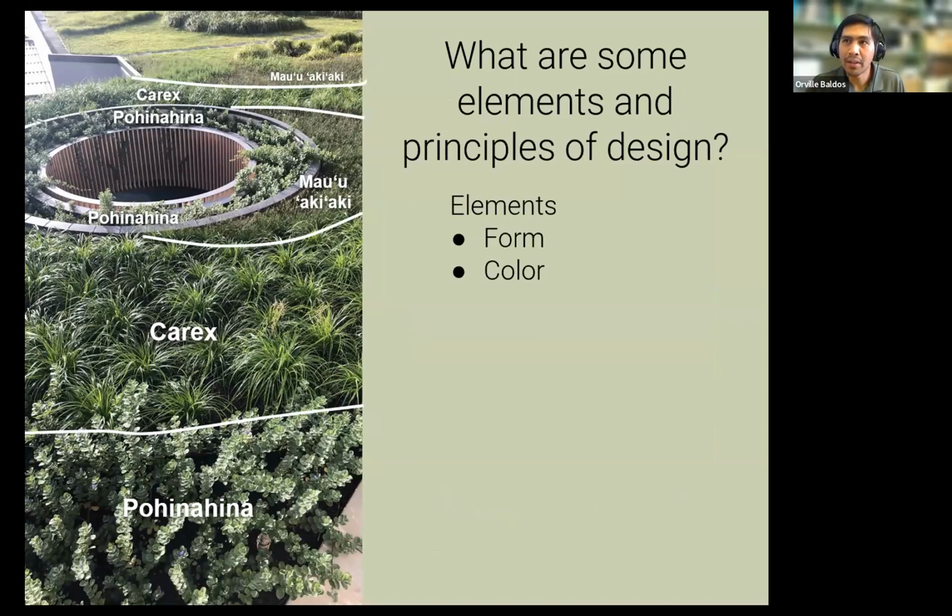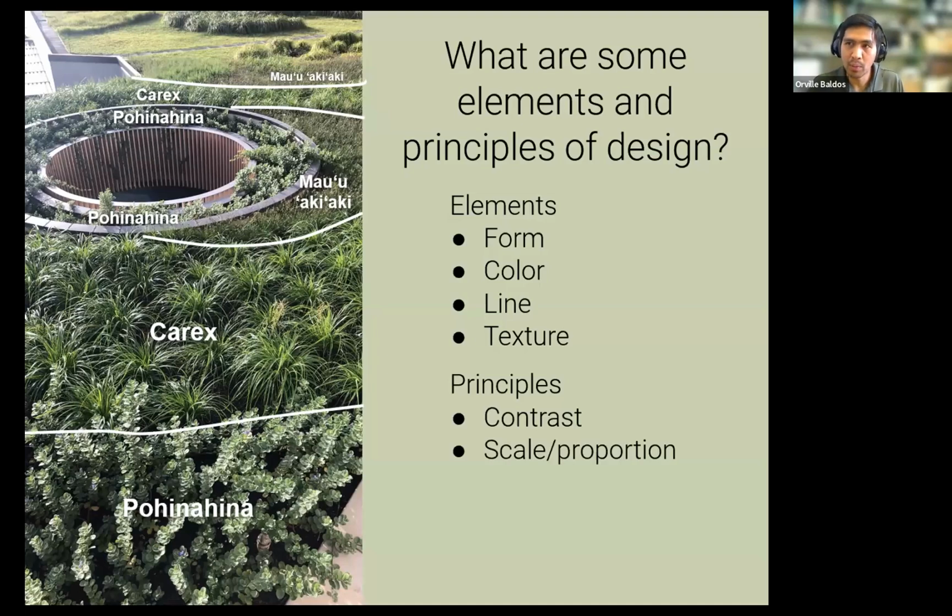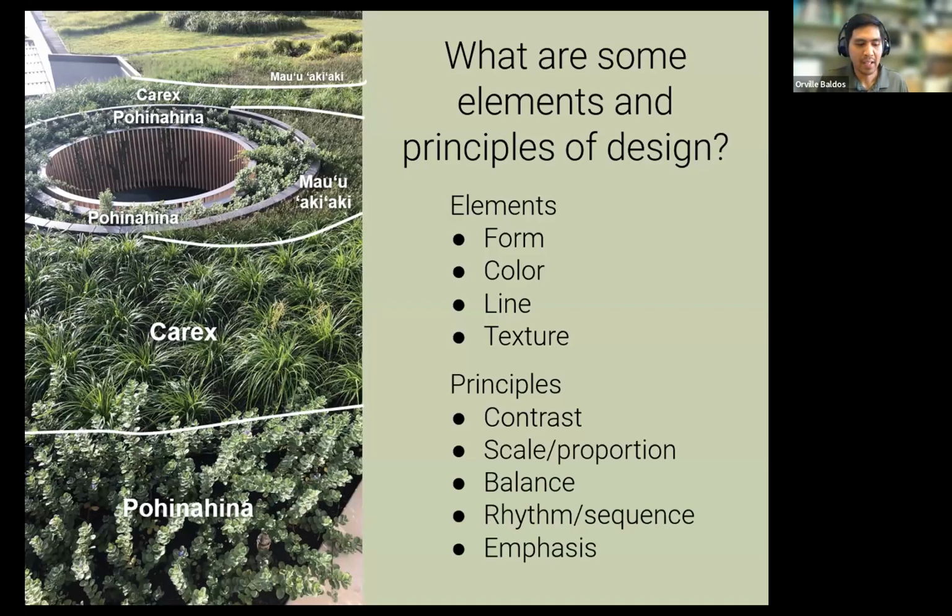We also have color, line, and texture. And then examples of principles of design include contrast, scale or proportion, balance, rhythm or sequence, and also emphasis. When you look at elements, they're basically the building blocks of design, and then the principles are like the rules by which those blocks are arranged.